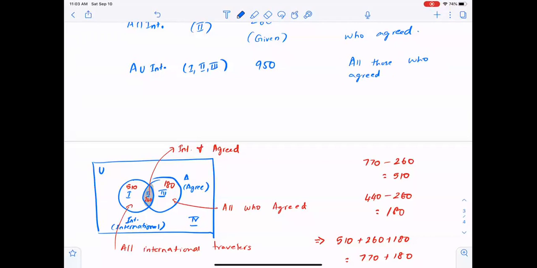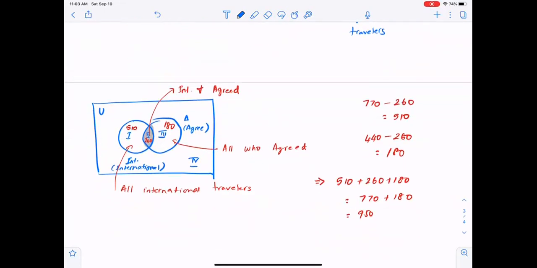That would include domestic and international, combined with all international travelers. Mind you, we're not saying these are the number of international travelers who agreed. We are saying international travelers, all those who agreed, put them together.